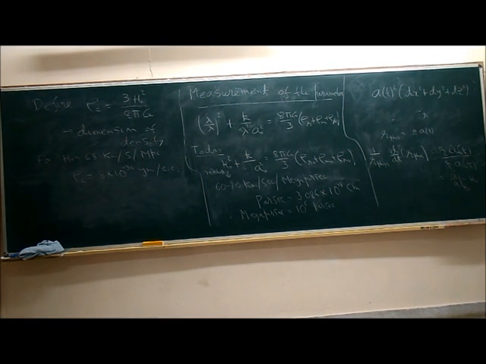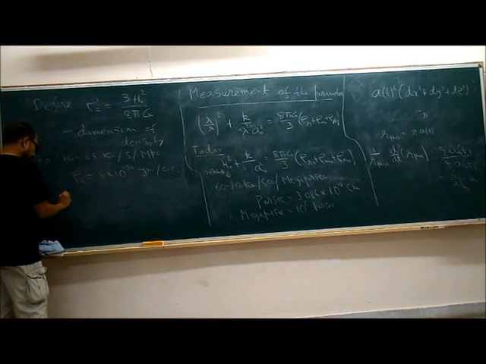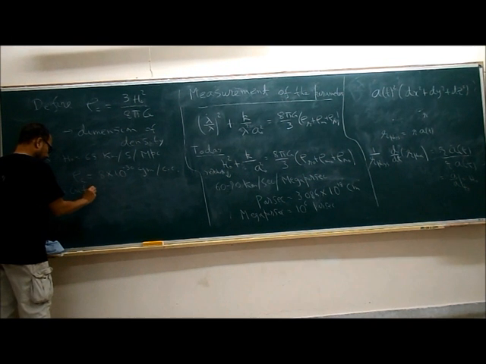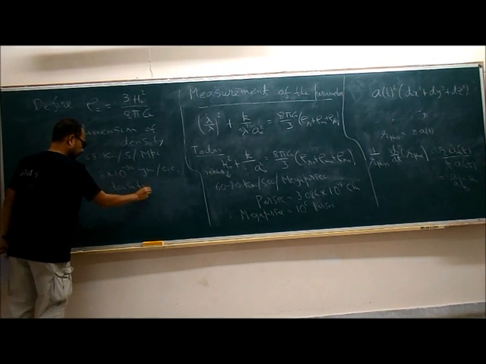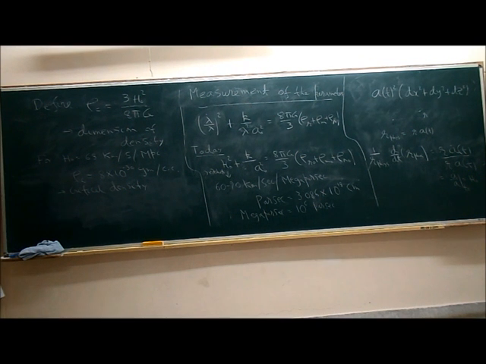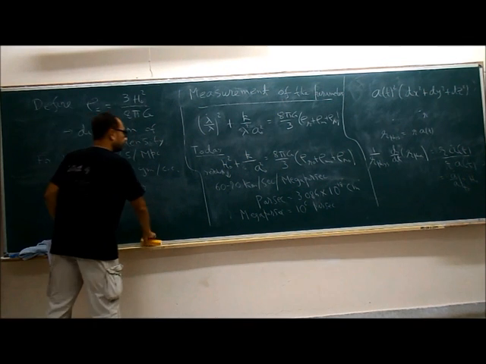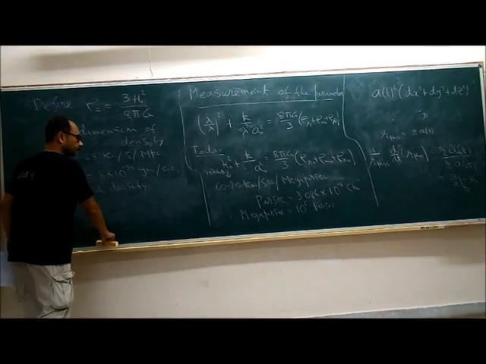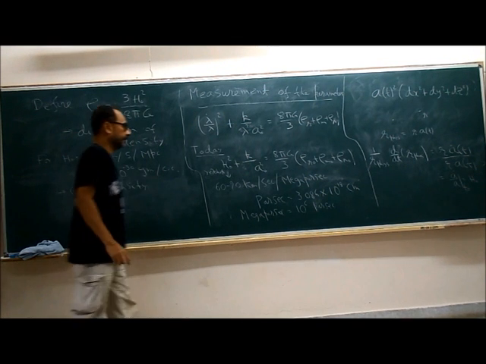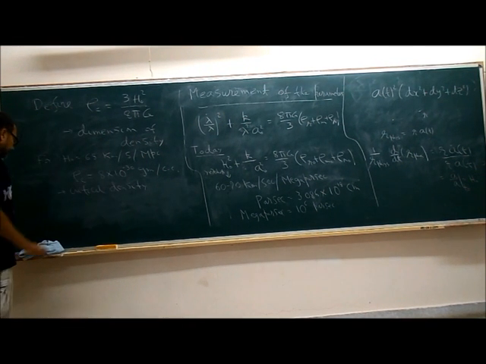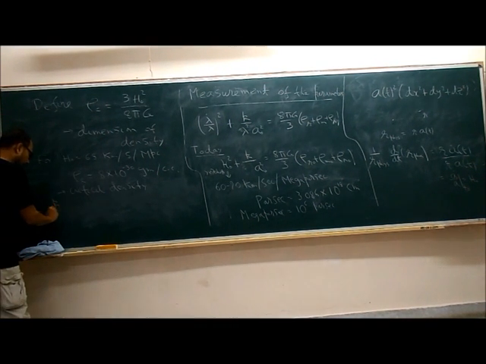So what is this rho c called? This is called the critical density. So this equation can now be written in a slightly different way. K over h naught square a naught square.